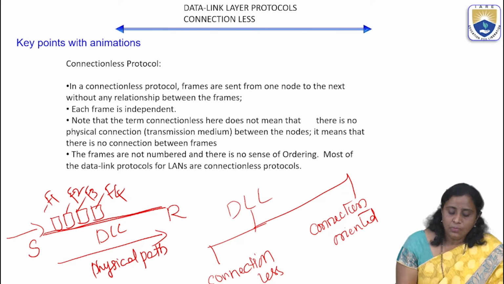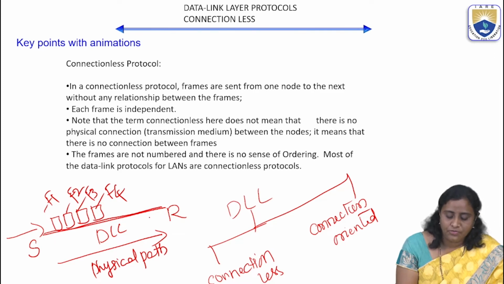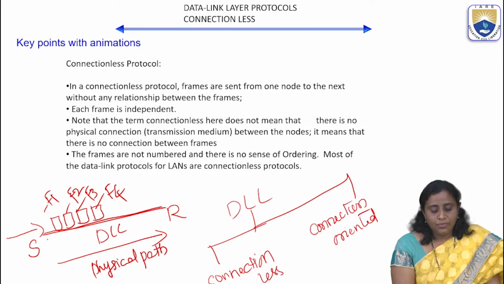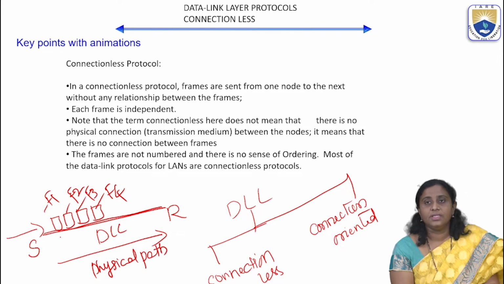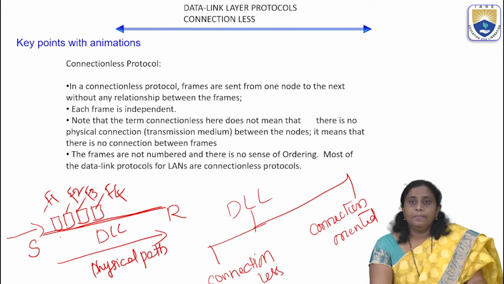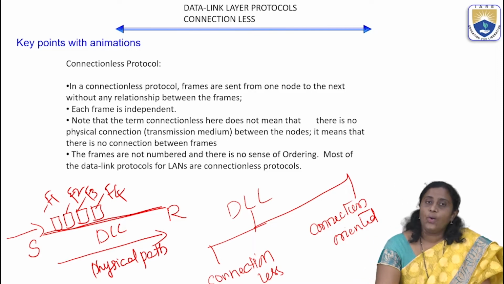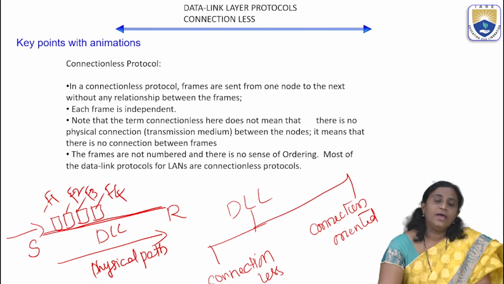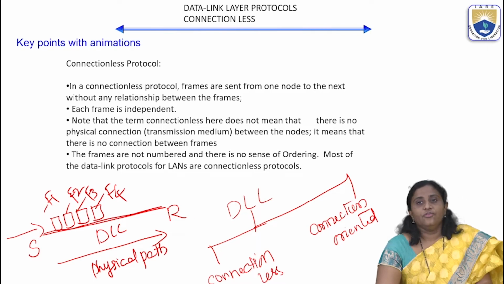We do not find any physical path between the two nodes. It means that no connection is required between the sending of the frames from one node to another node. Finally, the frames are not numbered and there is no sense of ordering.